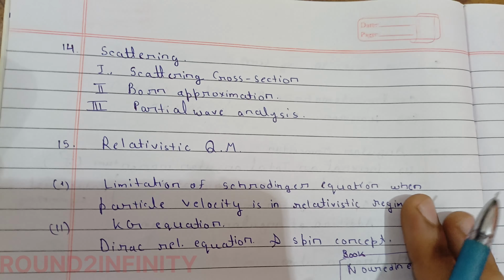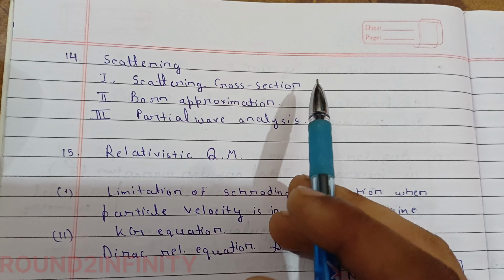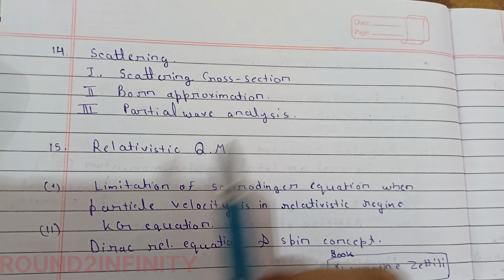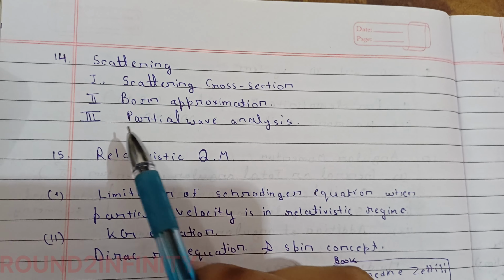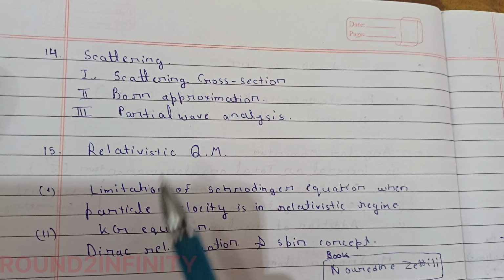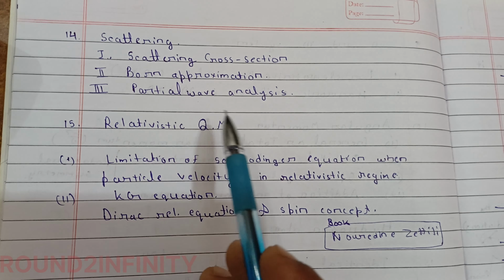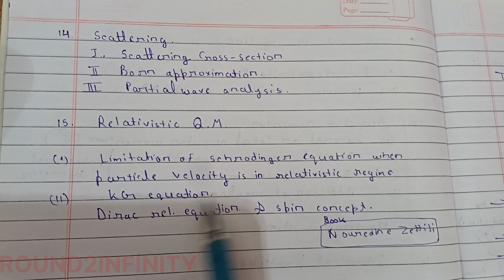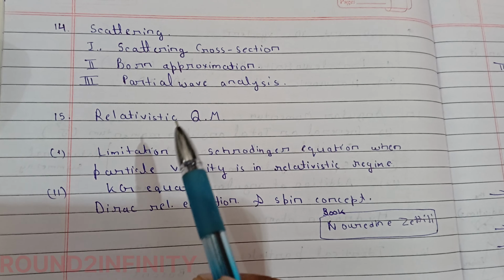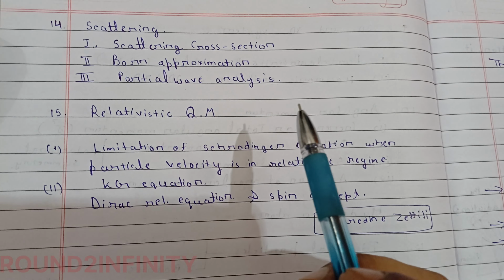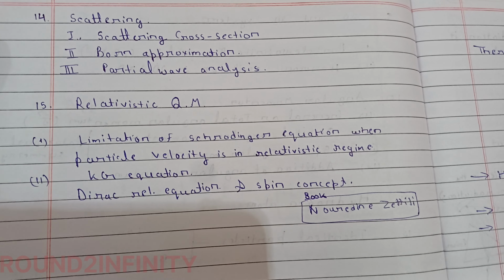After it, we will see the scattering cross section, Born approximation, and partial wave analysis. Then we will see about relativistic quantum mechanics also. This is not very important from the exam point of view, but if you want to go into research, then this is a very bright topic.